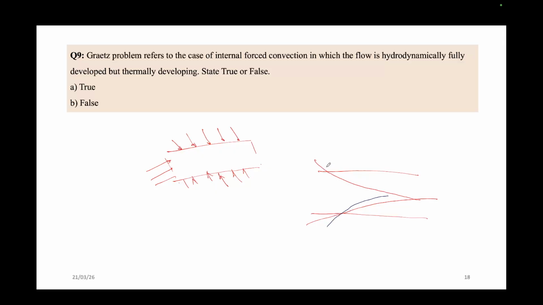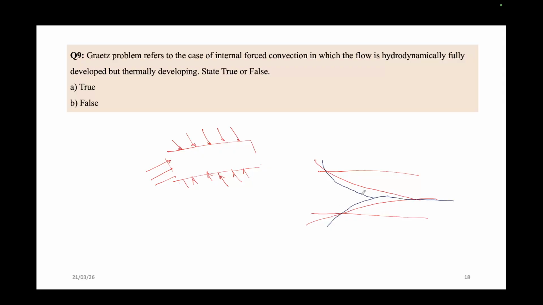This black one indicates your hydrodynamic boundary layer and the red one indicates your thermal boundary layer. Got it?